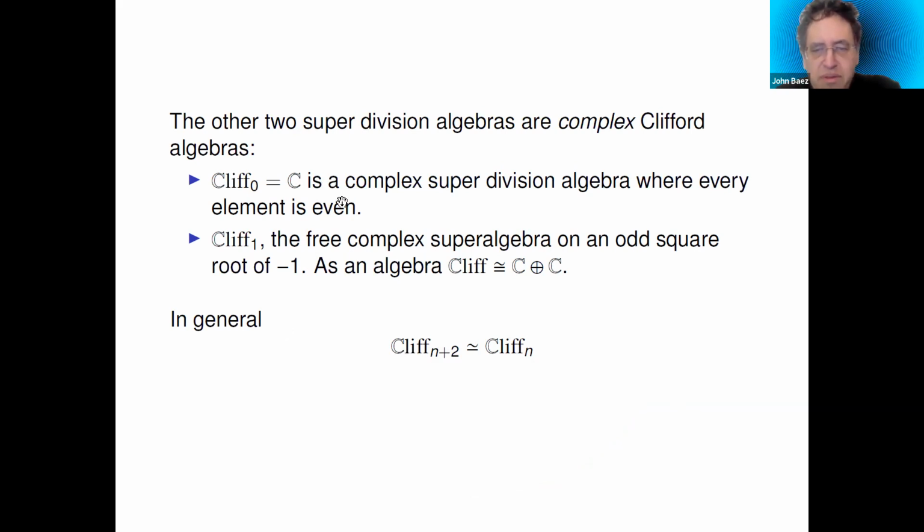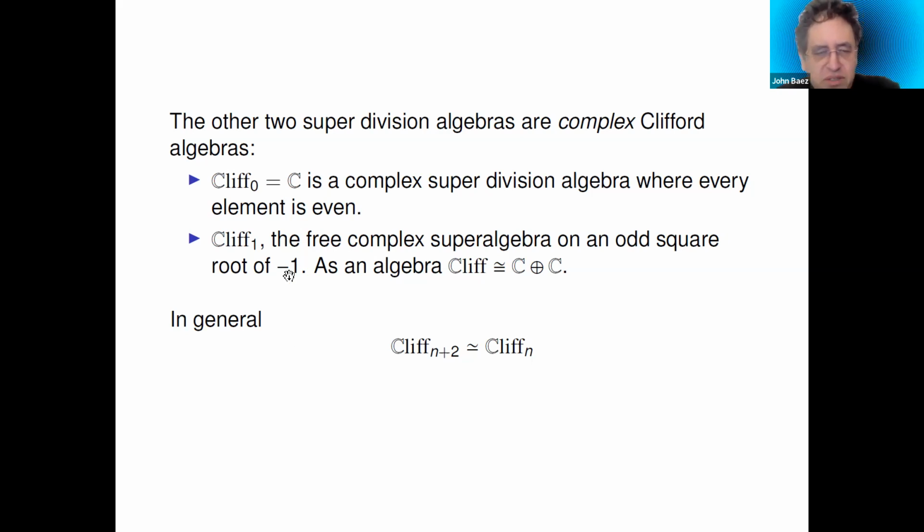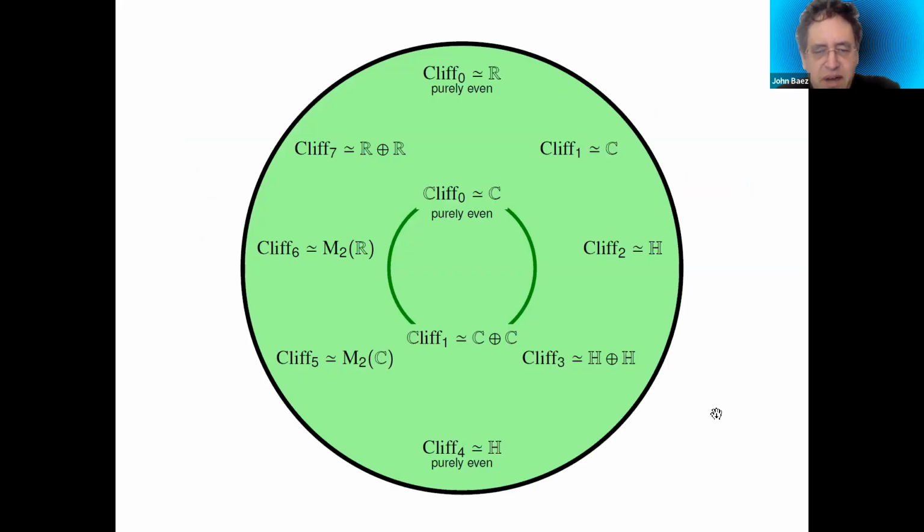We get the complex numbers as purely even. And then we could throw in a square root of -1, or we could throw in a square root of +1. It doesn't matter because you're over the complexes. And so then you get like the split complex numbers or whatever. I don't know what that's called. Anyway, C plus C. So now we've got them all.